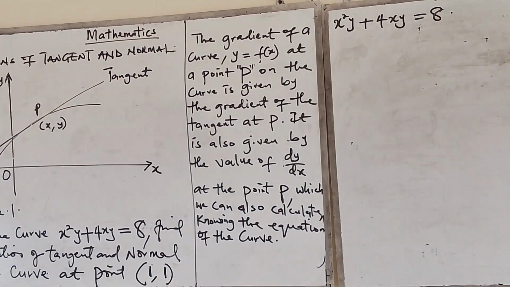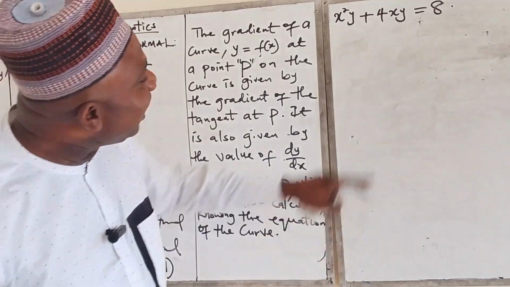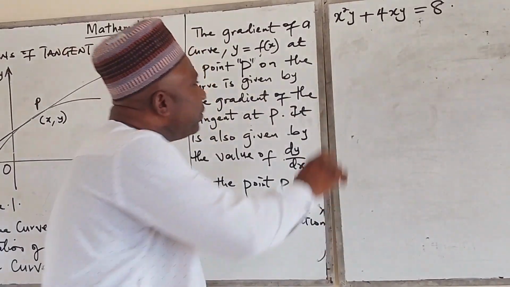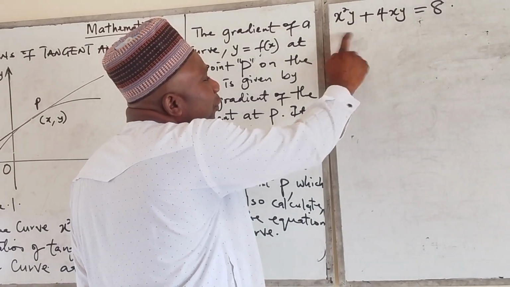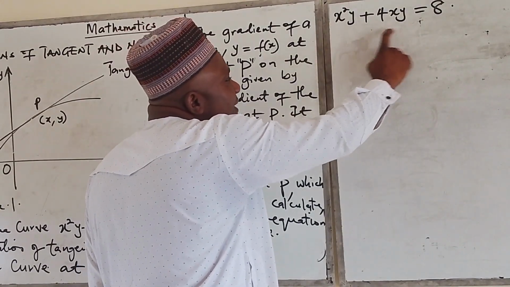This is another case of an implicit function where the relationship between x and y is much more involved. If you look at this very well, this is the product of two functions. Here we have x squared and y, and here we have x and y.